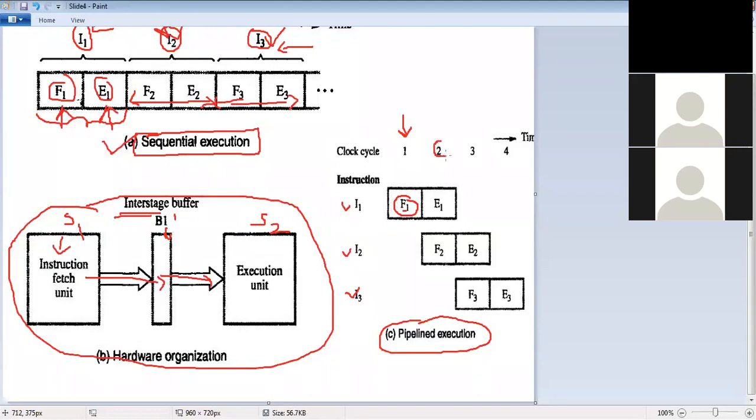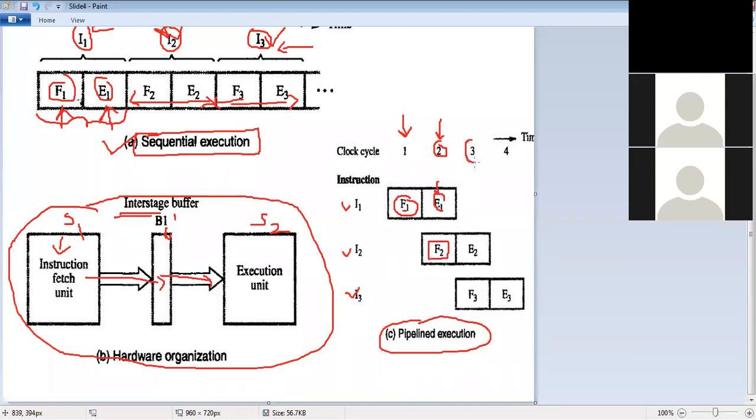In the second clock cycle, F1 is now free, and E1 stands, the first instruction is executed, and at the same time the second instruction is fetched, because in the second clock cycle the fetch unit is now idle. Now you can use the fetch unit for fetching the next instruction.